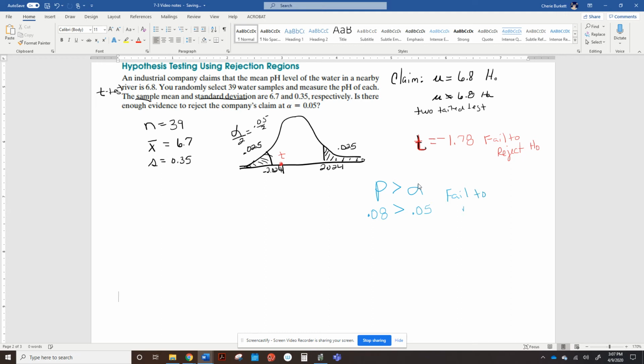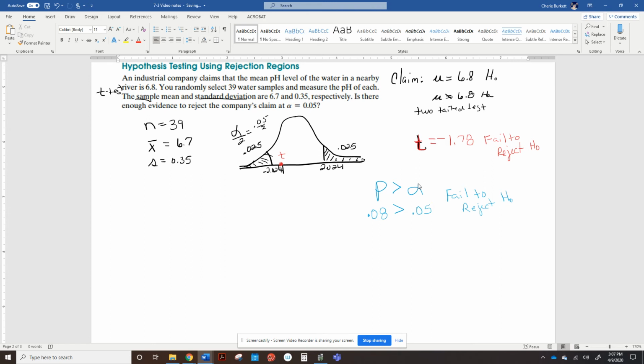Again, remember, these two should always produce the same outcome. And you don't typically have to do both of them. You need to do one or the other. And when you start taking the test, you'll need to be able to read and see what it wants. Some of the test questions are going to want just one way, and it doesn't care which way you do it. You get to pick.